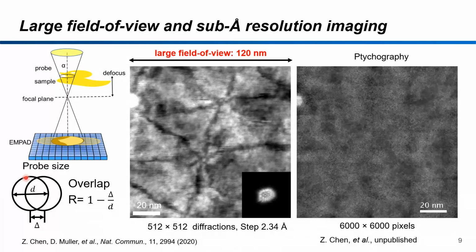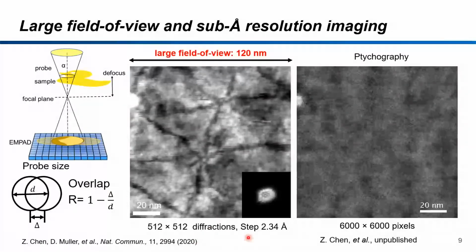And the main requirement for ptychography is that we need some overlap between neighboring scanning points. So if we increase the probe size, like by using a defocused probe, we can use a larger scan step size here to keep the same overlap ratio. So when we use a large scan step size, we can cover the same scan region using fewer diffraction patterns.